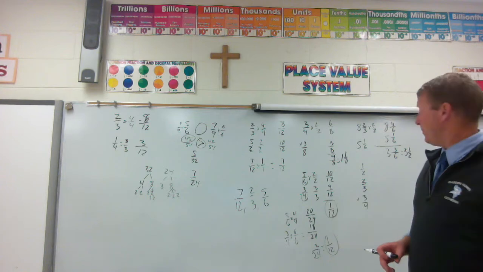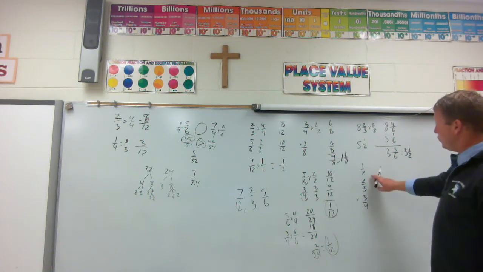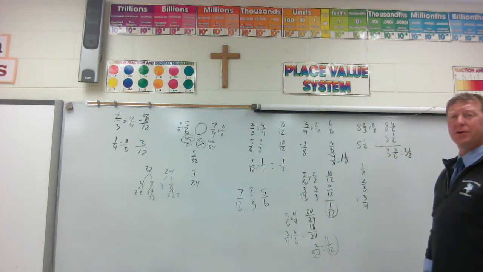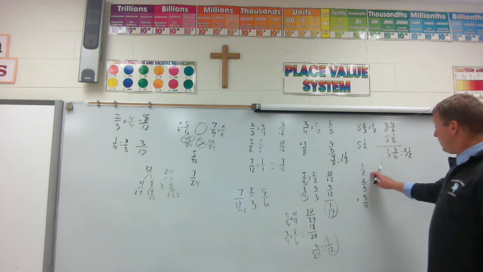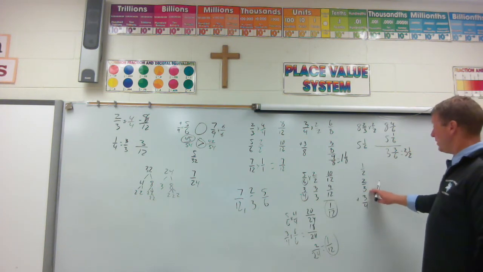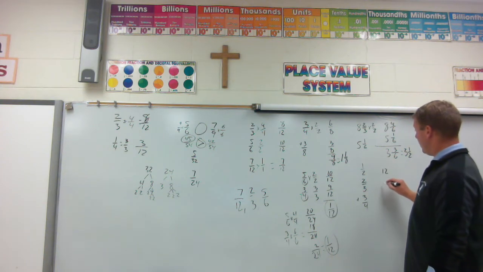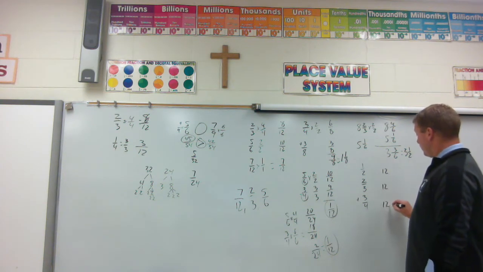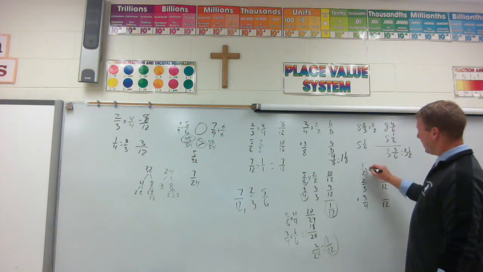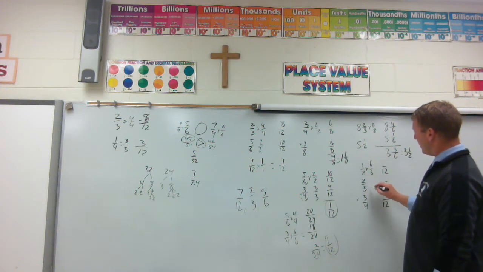Number 7, I'm adding. This time I have 3 numbers. I have 2, 3, and 4. I'm starting to think, what number goes into 2, 3, and 4? 12 goes in there. So I have to make them all equal to 12. And we've been doing this for a while, guys, thinking, how did I get there? Multiply by 6 on the bottom, multiply by 6 on the top, multiply by 4 on the bottom, 4 on the top, 3 on the bottom, 3 on the top.